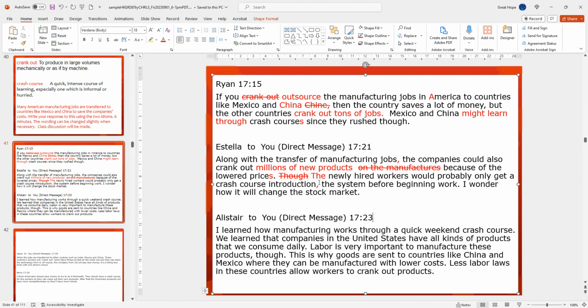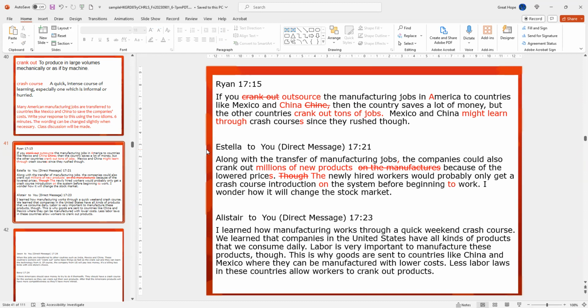Okay, then you can use that. All right, so on the system before beginning to work instead of beginning work. That's kind of strange. All right, so I wonder how it will change the stock market. All right, so yeah, you can see it's related to the stock market also. Yeah, but other than that, using crank out, using crash course, both correct.